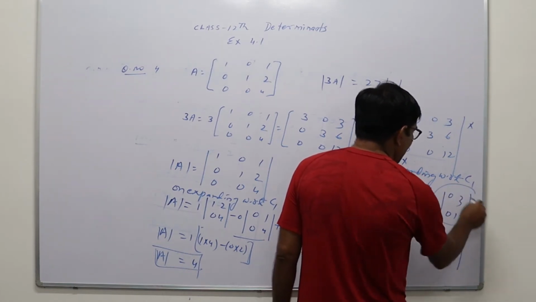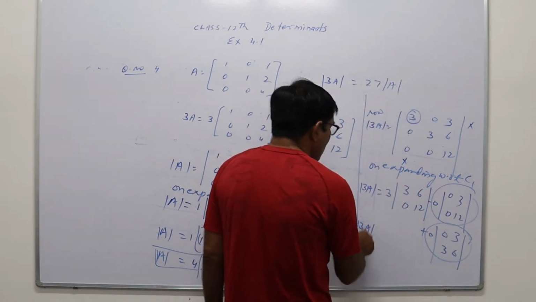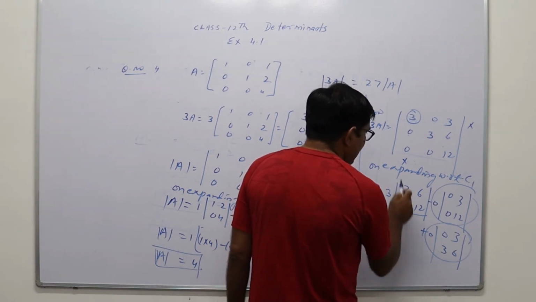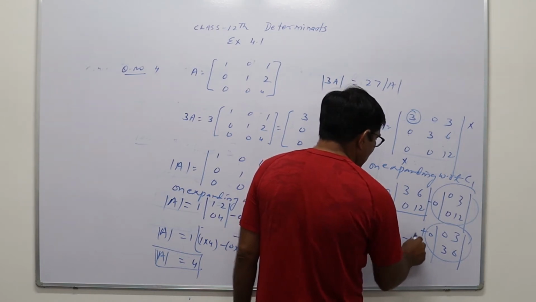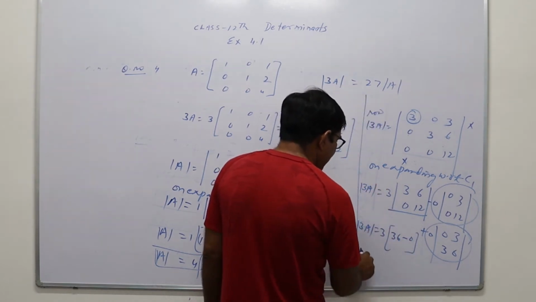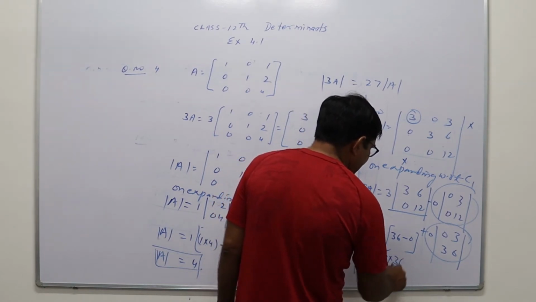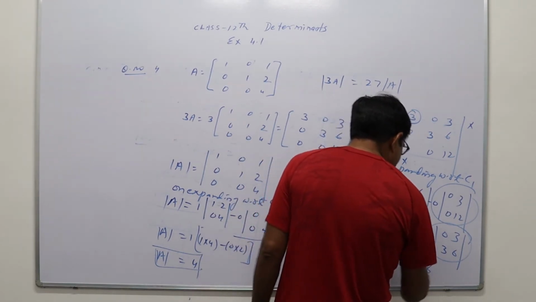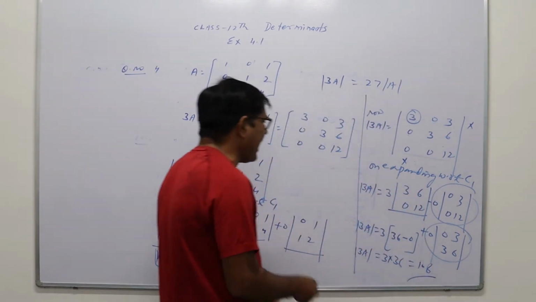But these two values will become 0, so we only have to find the calculation of this determinant. So it will be 3 into 3 into 12, 3 times 12 is 36, minus 0, so determinant of 3A will be 3 into 36, that is equal to 108. 6 threes are 18, carry 1, and 3 threes are 9 and 1, that is 108.